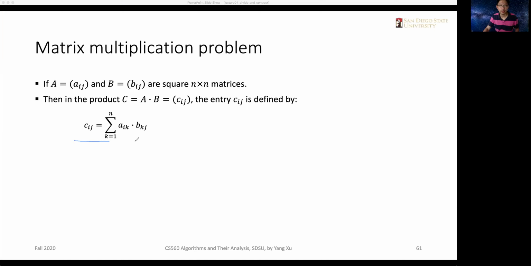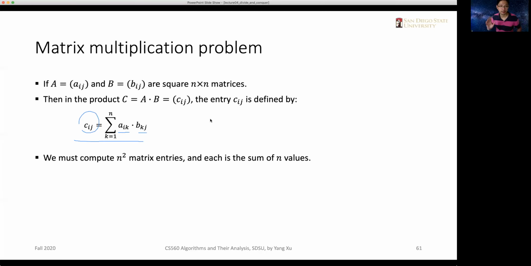The element in the ith row and jth column of C is the summation, kind of a dot product between the ith row of A and the jth column of B, right? And we sum up all the products between a_ik and b_kj, where k ranges from 1 to n. Okay. So that's the mathematical definition of matrix multiplication.